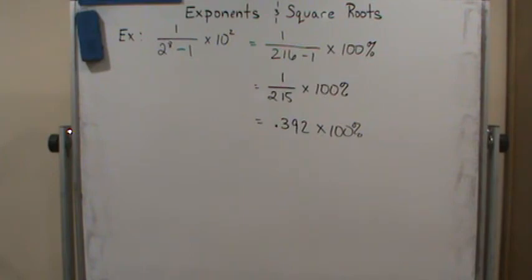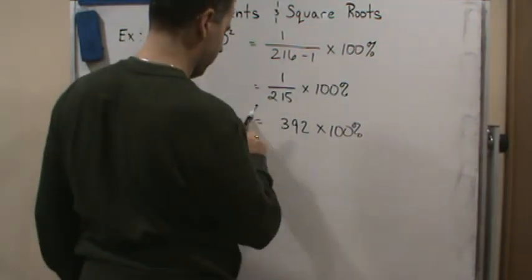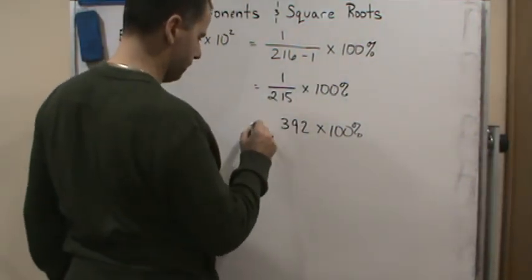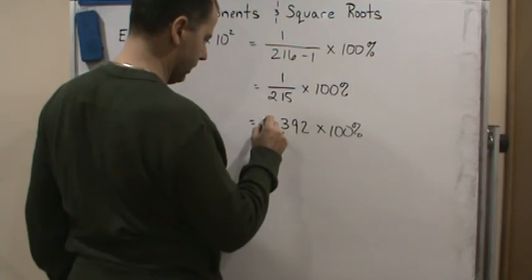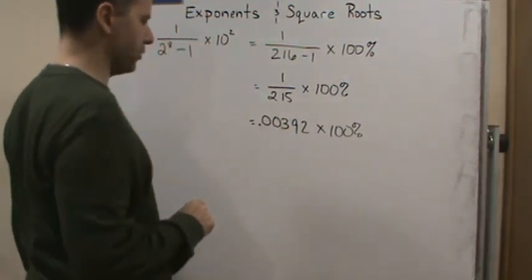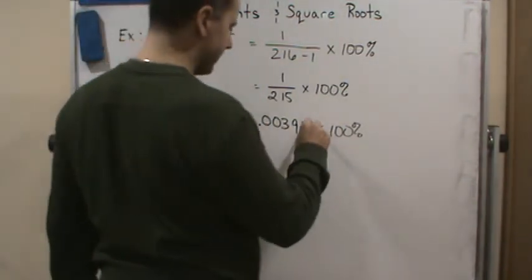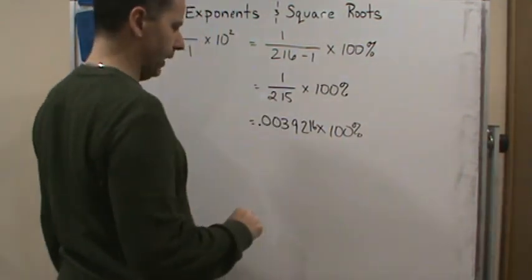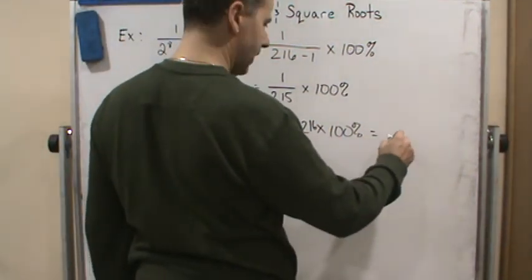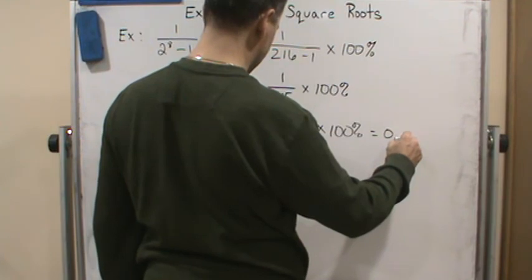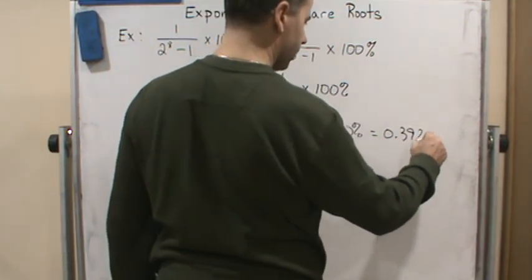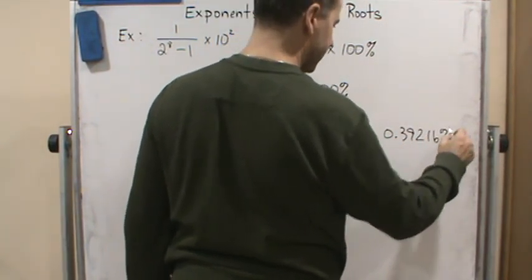That's going to be 0.0039216, right? And so if you multiply by 100%, then you get 0.39216%.